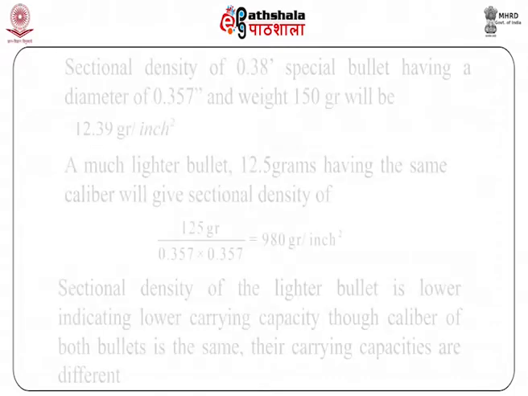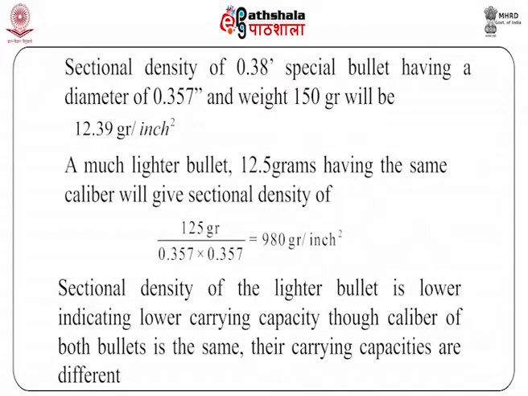Example: sectional density of a 0.38 inch special bullet having a diameter of 0.357 inch and weight of 150 grams will be 12.39 grams per inch square.